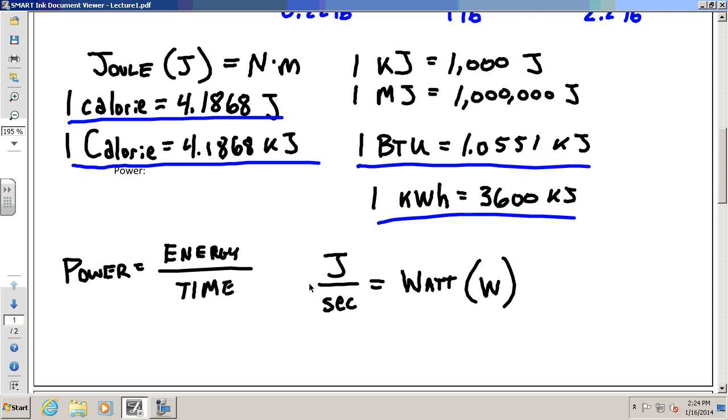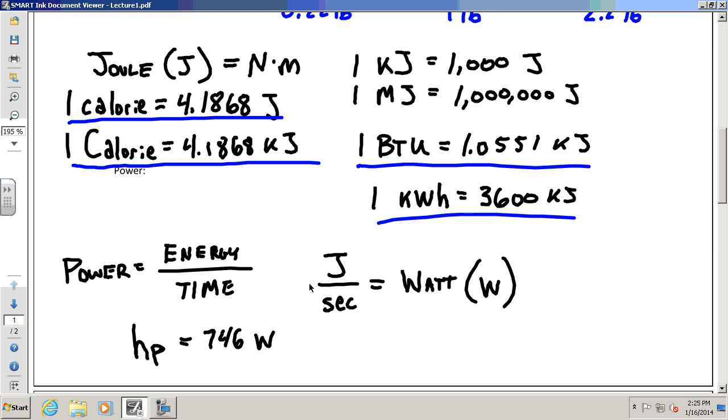Horsepower. That's right. Horsepower is the other unit of power that's very common. Horsepower, HP, is equal to 746 watts. Very good. So if we ask for something in horsepower, that's a very simple conversion.